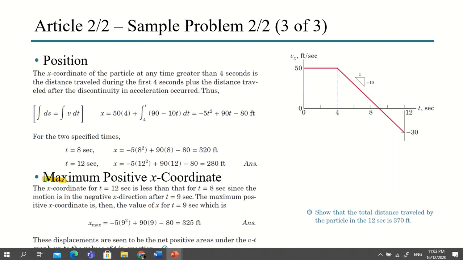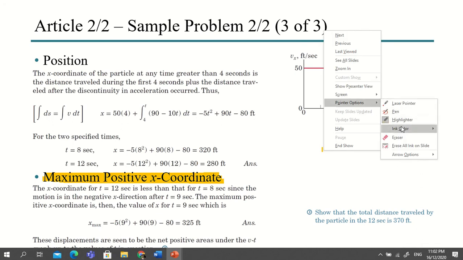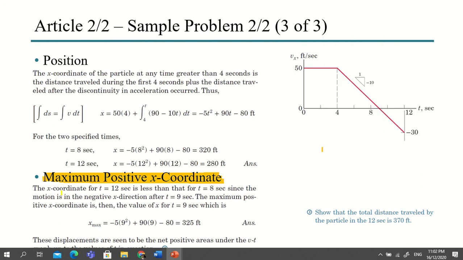So for t equal to 12 seconds, the x coordinate is less than for t equal to 8 seconds. The reason is that the motion is in the negative x direction after t equal to 9 seconds.